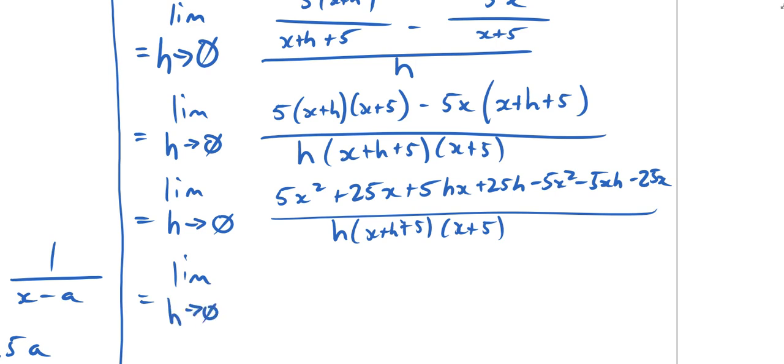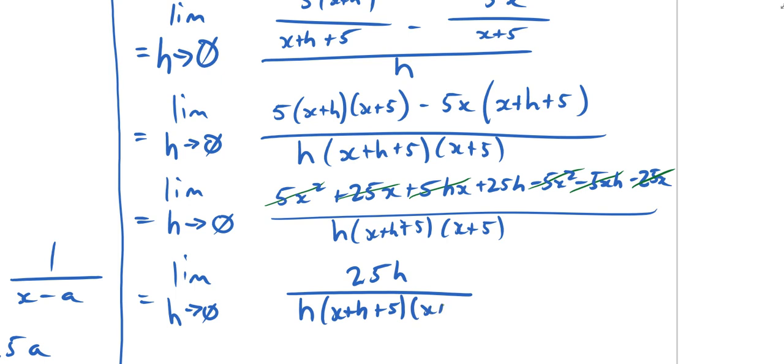All right, and a whole bunch of things here better cancel out. 5x squared minus 5x squared. 5xh minus 5xh. 25x minus 25x. So I'm left with 25h over h times (x plus h plus 5) times (x plus 5).